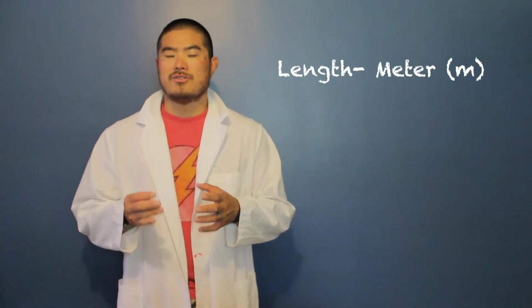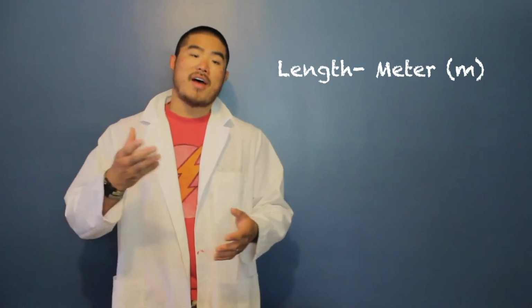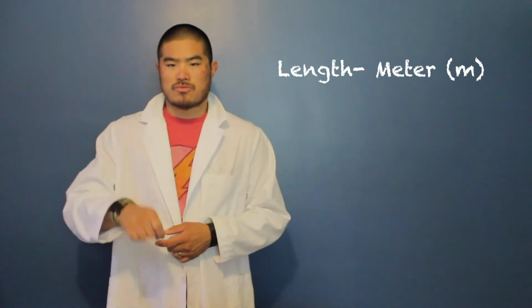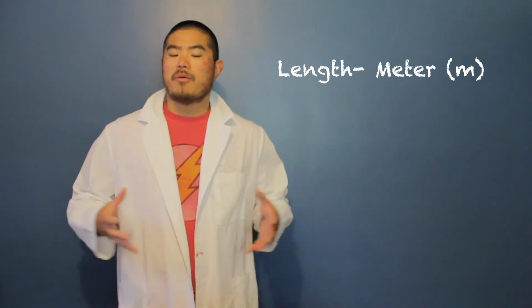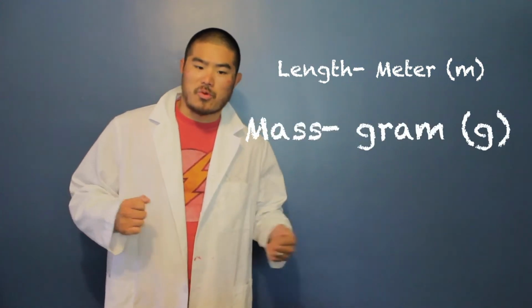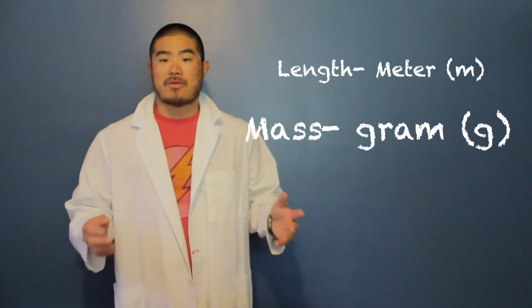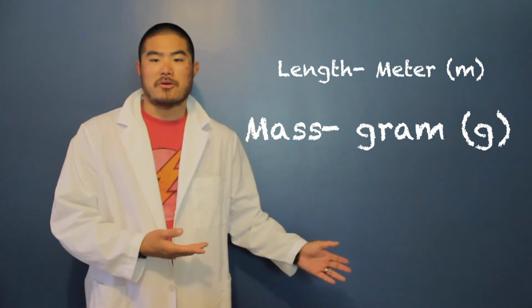So I'll go through the basic units, and they're of length, weight, and volume. The basic unit of length uses the term meter, and that can be represented by a lowercase m. If I'm measuring mass, or again weight, I want to use the term gram, and that's represented by the lowercase g.